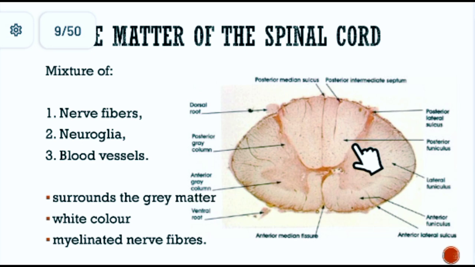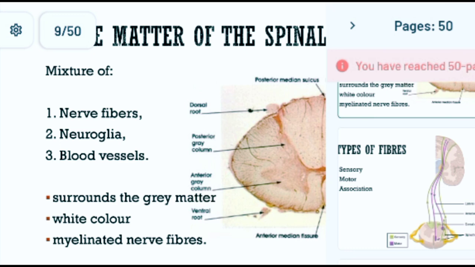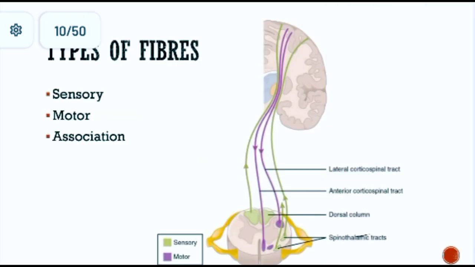Gray matter is at the center, and the white matter contains what we call myelinated nerve fibers. Now, there are three main types of fibers that you are going to find in the white matter. These fibers are the sensory, the motor, and association. When we talk about sensory fibers, they are simply fibers that are taking information from the periphery to where?